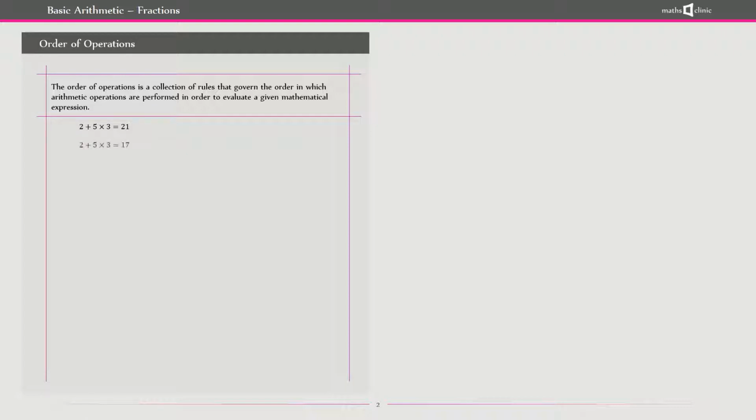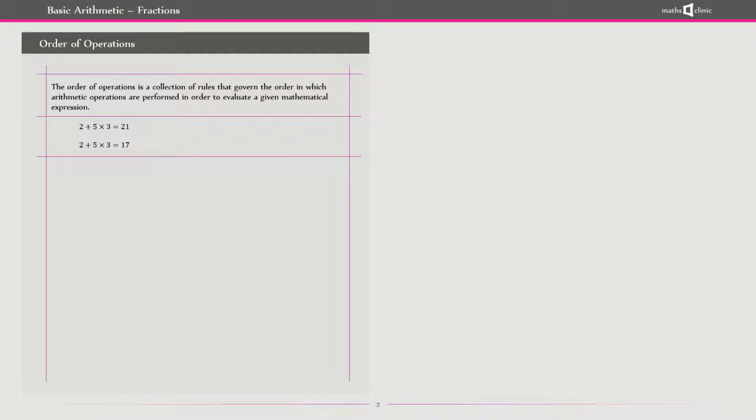Now here's something interesting. The same expression, 2 plus 5 multiplied by 3, but this time I decide to multiply 5 times 3. So I have 5 times 3, that's 15, and then I add this to 2, and I get an answer of 17.